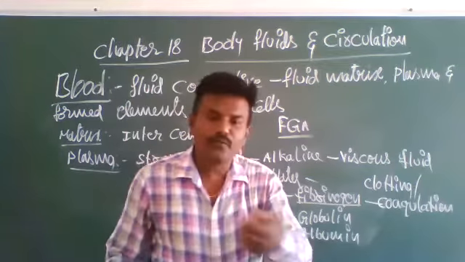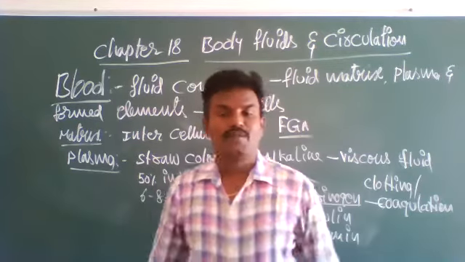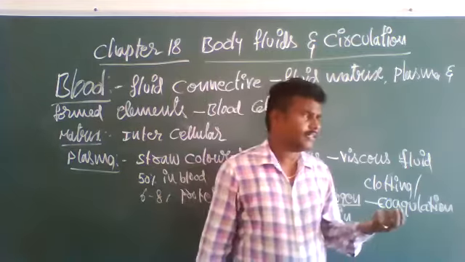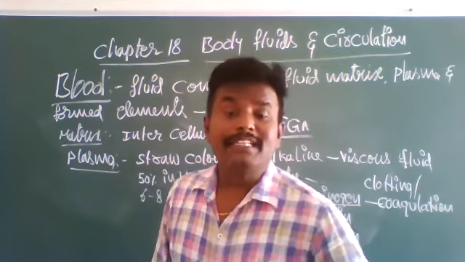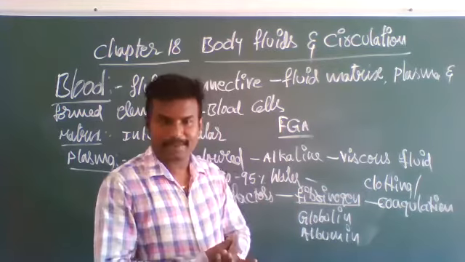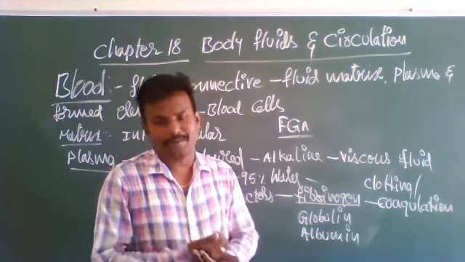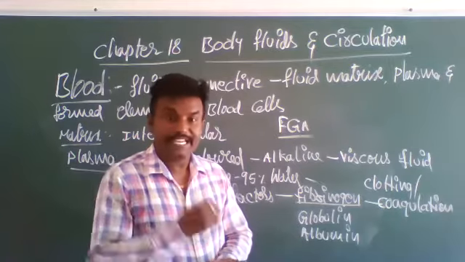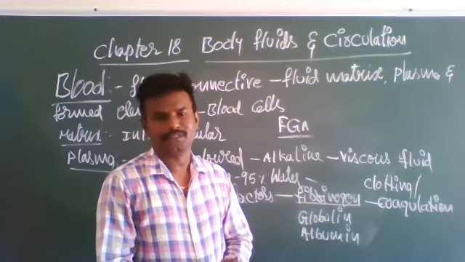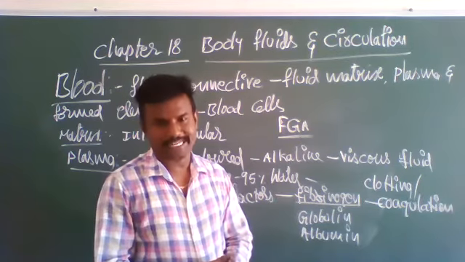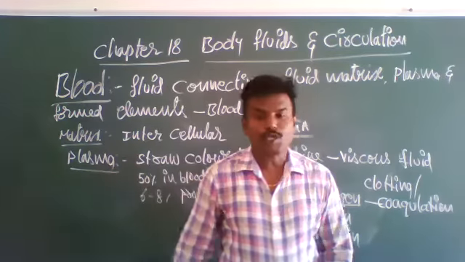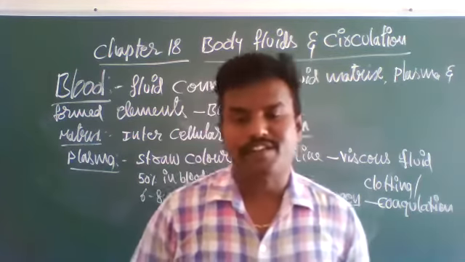See, when any wound or injury occurs on our body parts, within 8 to 10 seconds, 15 to 20 seconds, immediately the blood is clotted. In that, fibrinogen plays a major role. Initially it is in inactive form. When injury or any damage occurs, it becomes active and is involved in clotting or coagulation of blood.